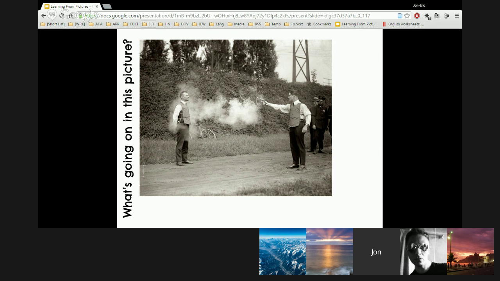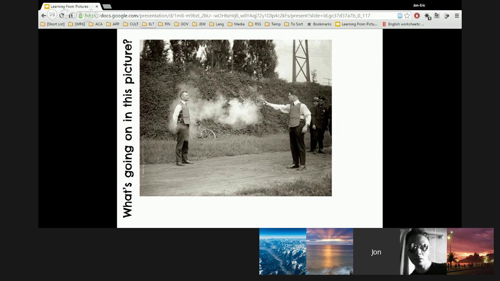Would anyone put a different caption for that picture before I show you the answer? Any other ideas? What would you say? Okay. Kevlar protects a guy after being shot proudly. Not a guy, because that's too informal for a newspaper headline.